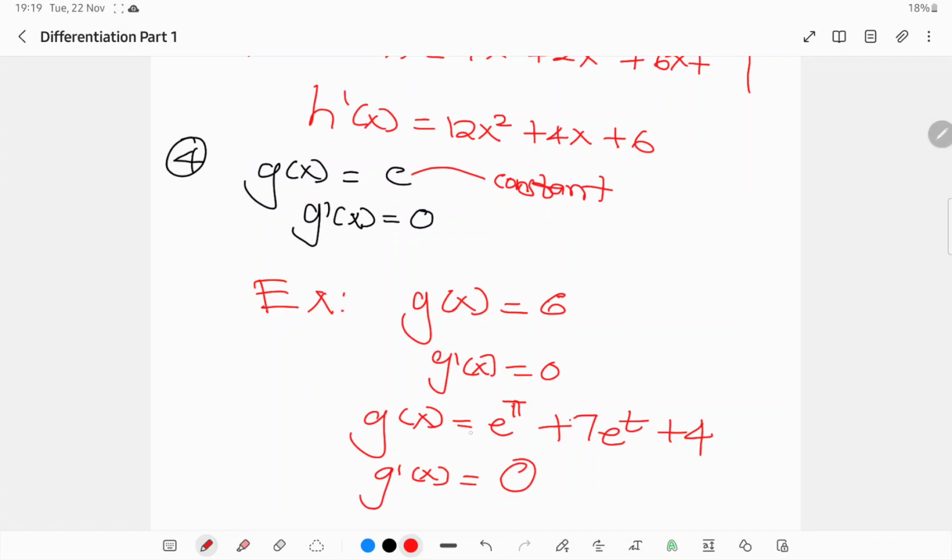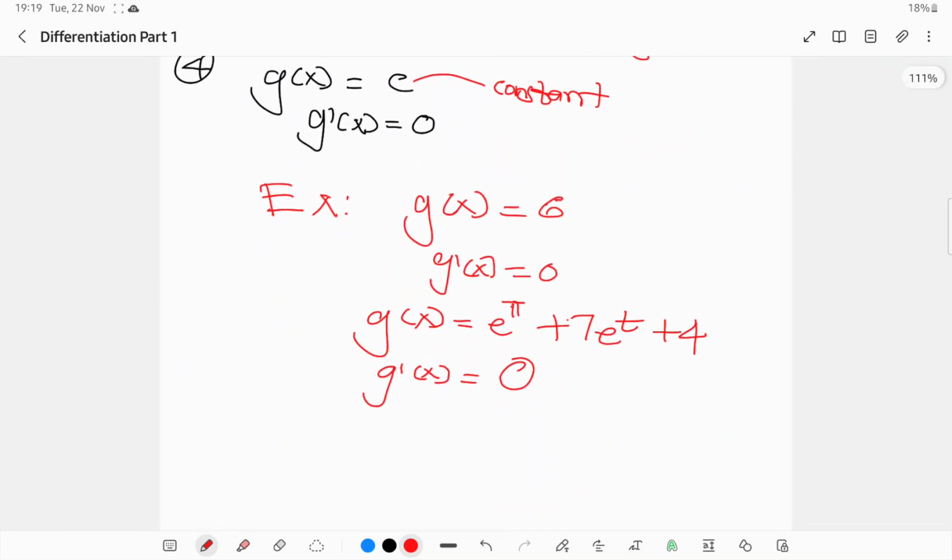So that means anything in the equation that's not x, anything in the function that's not x, becomes a constant. So if you see that the function does not have anything with an x, that means everything is a constant. Hence, it becomes 0. You get? Okay. So let's move on.